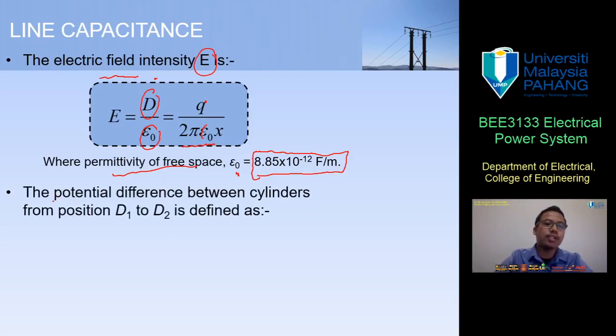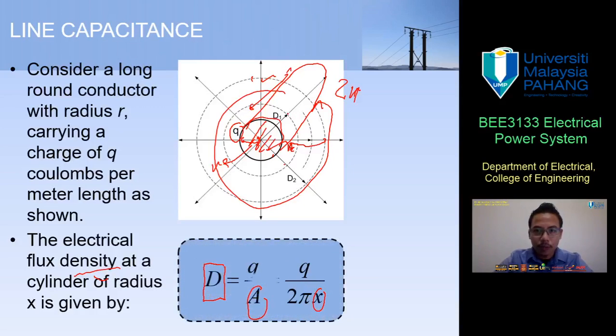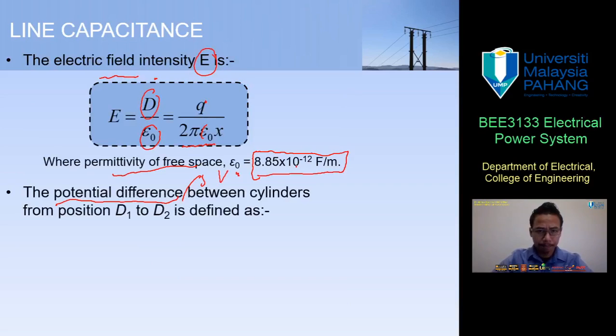Then from there, the potential difference V between cylinders from position D1 to D2 is defined as follows. I forgot to say that position D1 is here and D2 is somewhere around here. It is just the potential difference between D1 and D2.